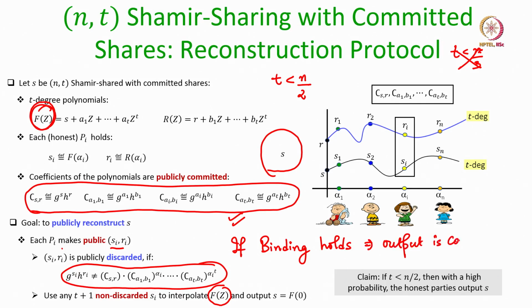Because if a corrupt Pi is able to break the binding property, then even though it makes public incorrect shares, say Si prime and Ri prime, it may get accepted, in which case we will end up getting an incorrect polynomial as output. But the probability that a polynomial time adversary is able to break the binding property is negligible.